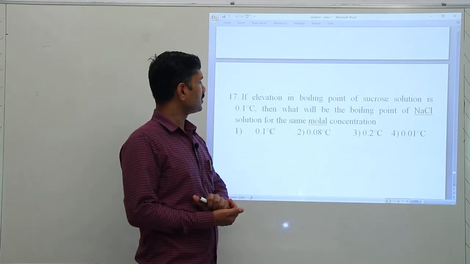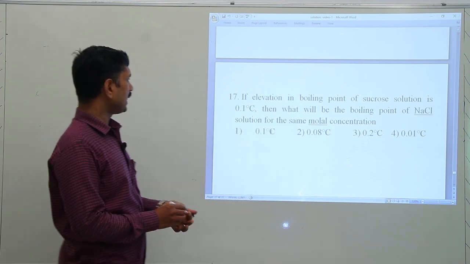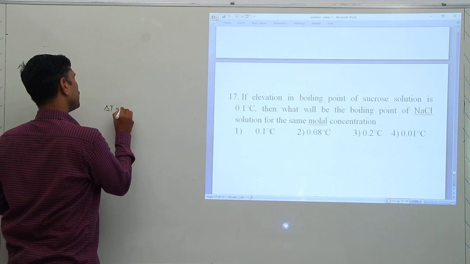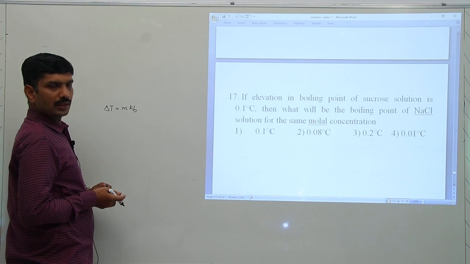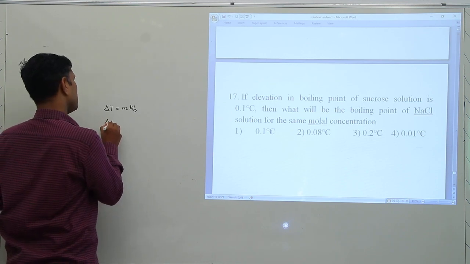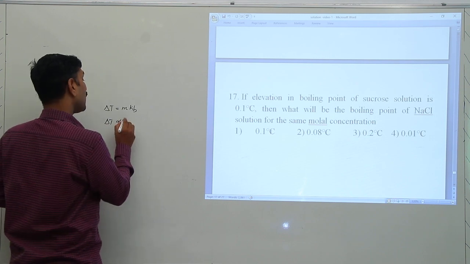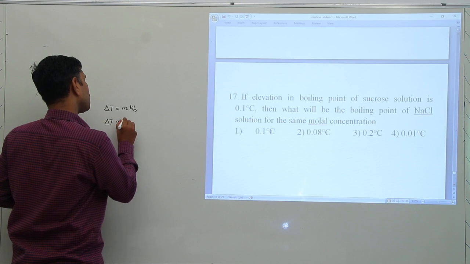For the same molar concentration, the concentrations are the same. For sucrose, elevation of boiling point, delta TB is equal to M into Kb, or delta TB is directly proportional to the molality. Or I can write here I into M, molality.